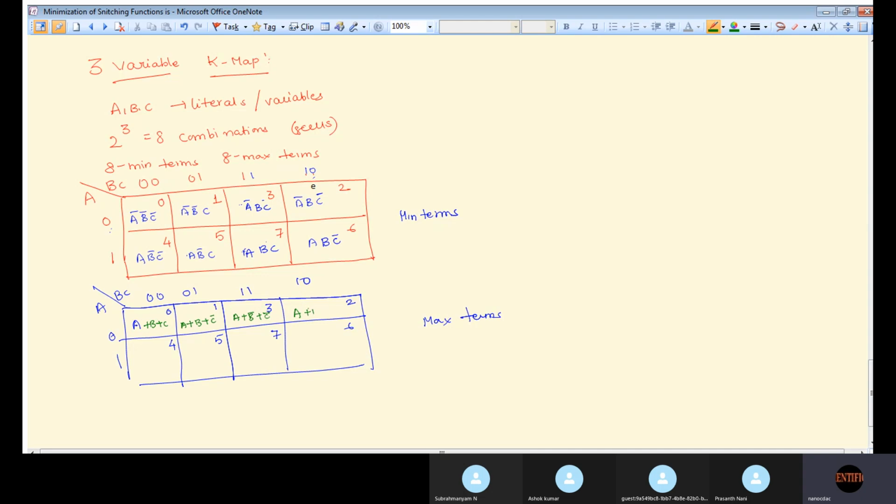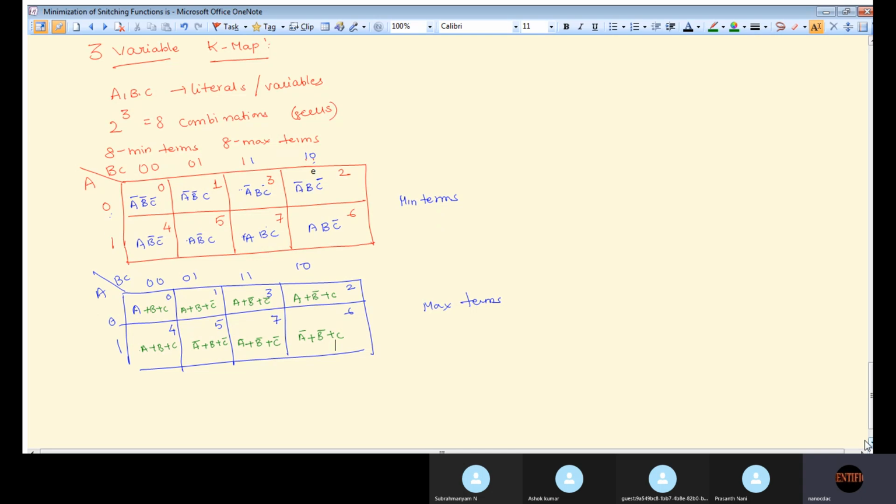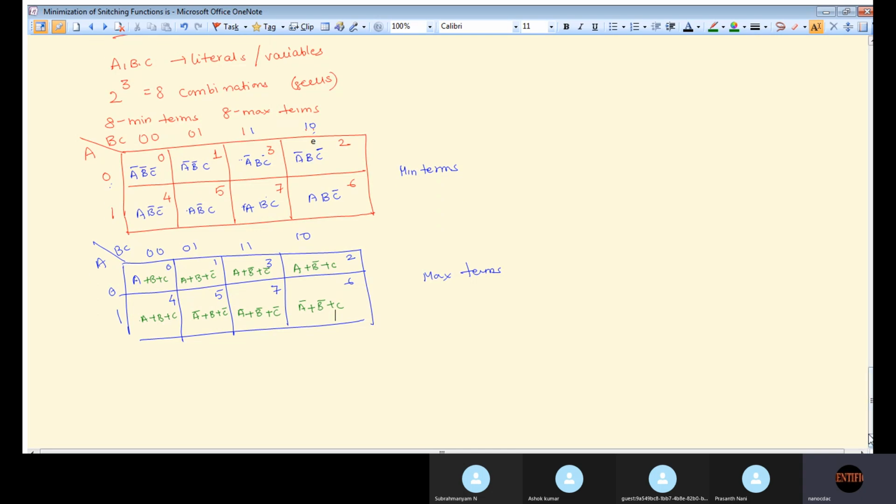Here A plus B bar plus C, and in this case A bar plus B plus C and A bar plus B plus C bar, and here A bar plus B bar plus C bar, and here A bar plus B bar plus C. Okay, so these are the min terms, max terms we have written.